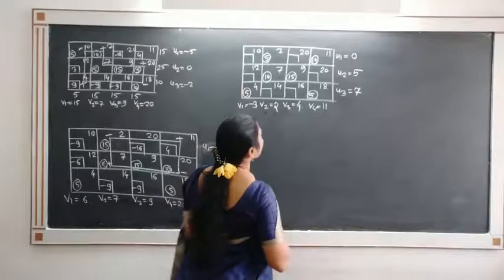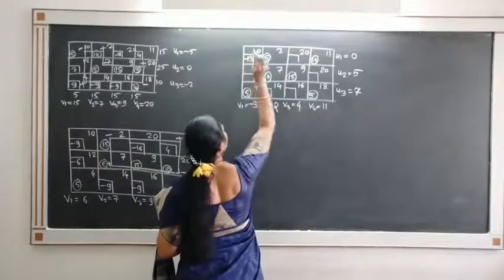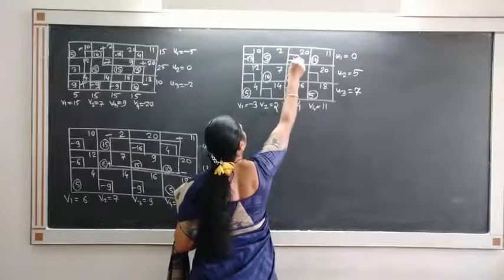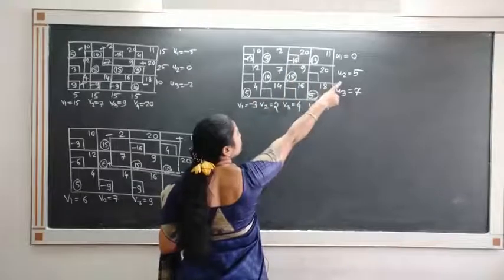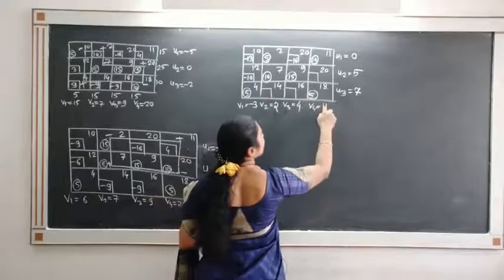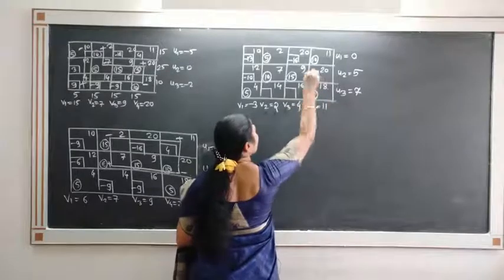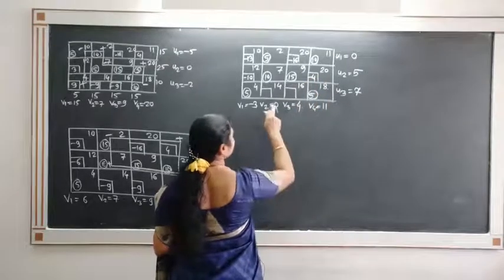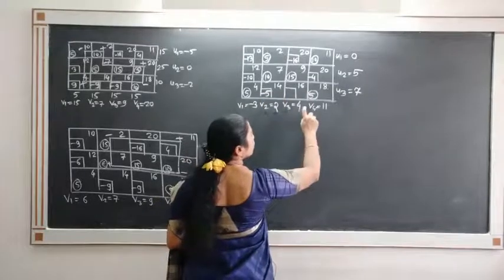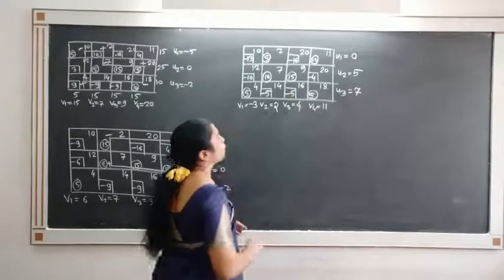So this value comes to be 0 minus 3, that is minus 3, minus 3 minus 10, minus 13, 4 plus 0, 4, 4 minus 20, minus 16, minus 3 plus 5, 2, 2 minus 12, minus 10, 11 plus 5, 16, 16 minus 20, minus 4, 2 plus 7, 9, 9 minus 14, minus 5, 4 plus 7, 11, 11 minus 16, minus 5.